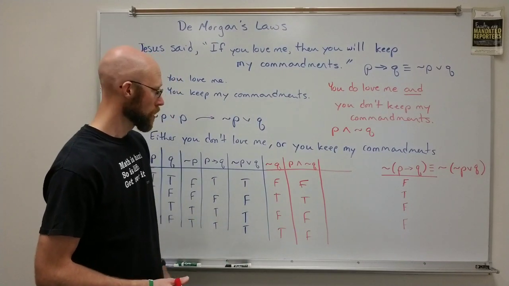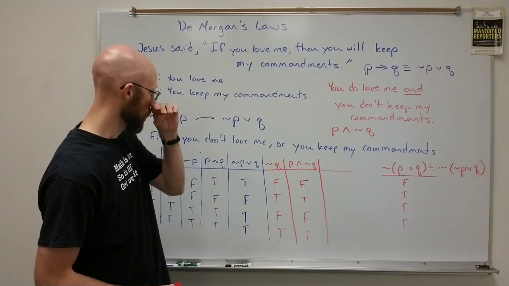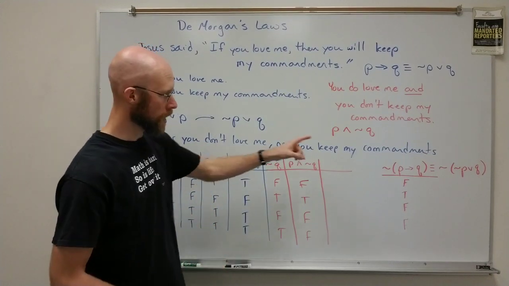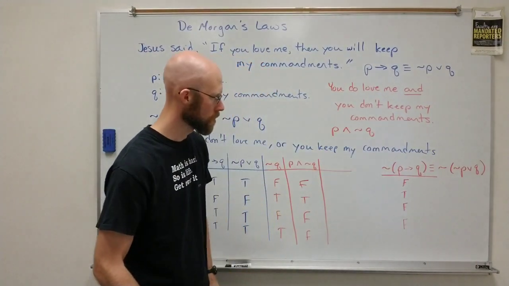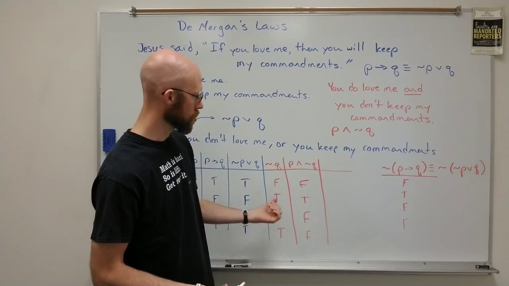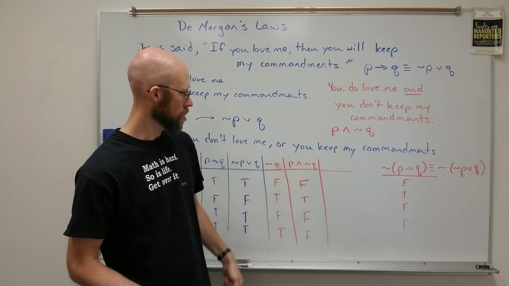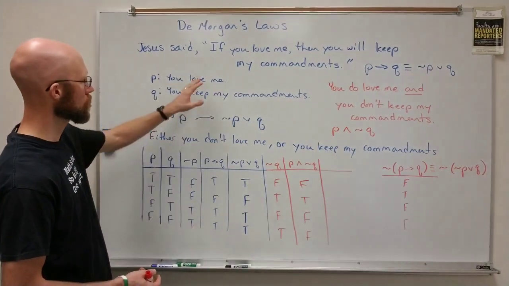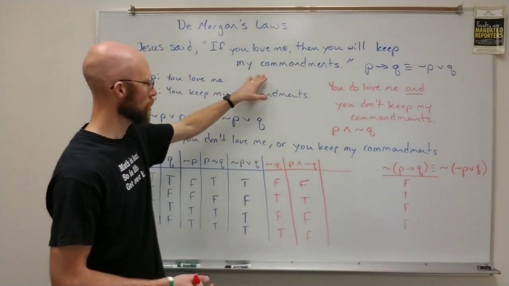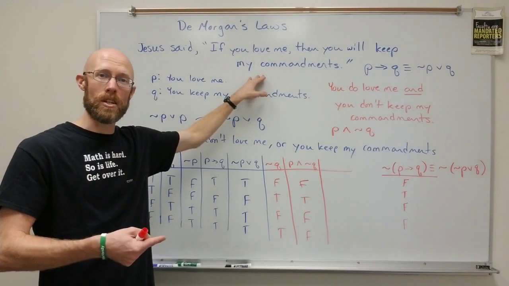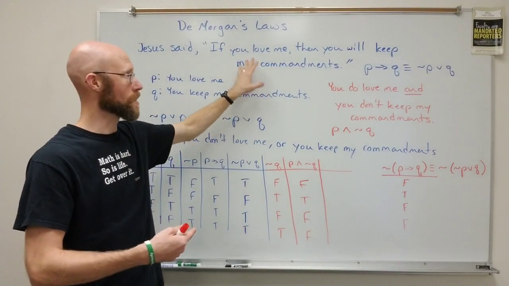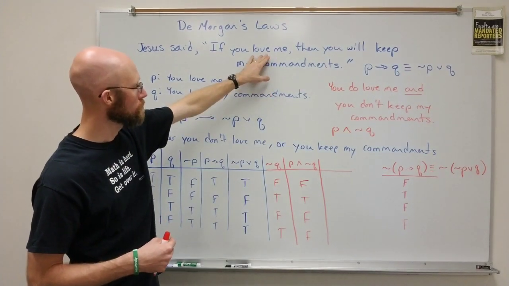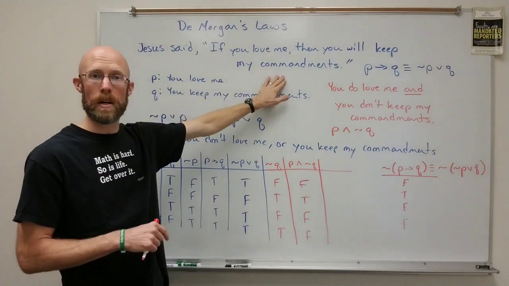So what we've done is we've found a proper negation based upon the truth values being opposite. And so I can really generalize this now to say that the negation of a conditional is equivalent to this conjunction. In other words, if you have a conditional, if you love me, then you'll keep my commandments, its negation, if you were to say it is not the case that if you love me, then you keep my commandments, that's equivalent to saying you love me and you don't keep my commandments.